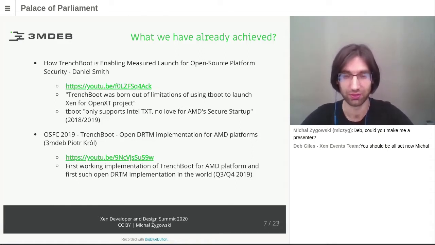A few months later, Piotr Król from 3mdeb presented at the Open Source Firmware Conference an open implementation of DRTM for AMD platforms. So not so long ago, we had a working implementation for AMD.